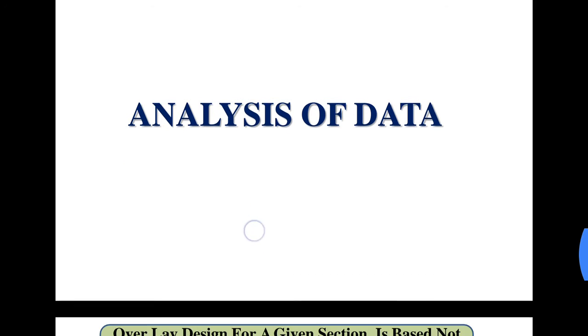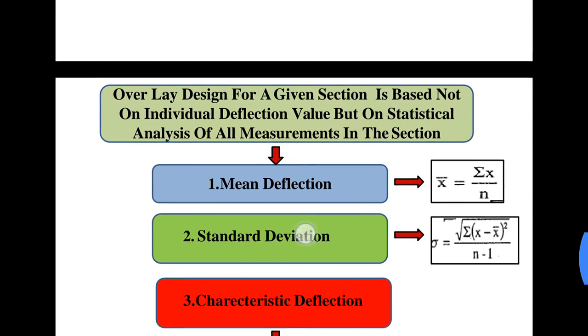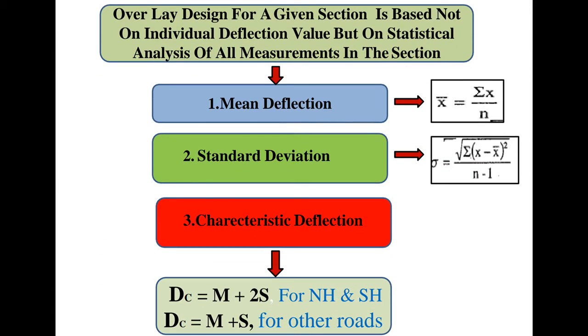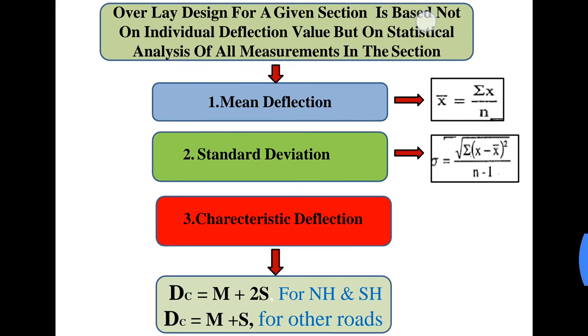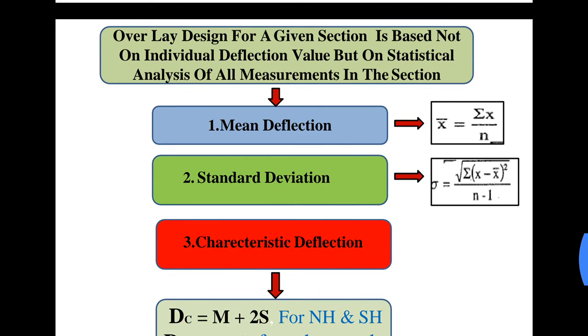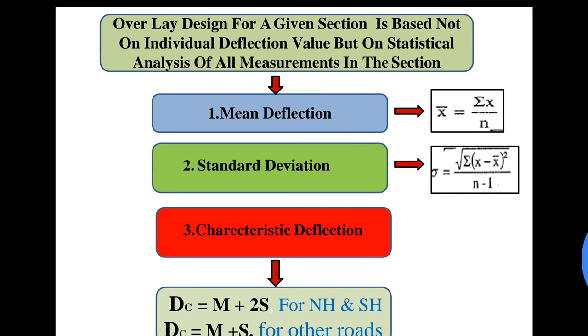Then the analysis of data. Once you have obtained this value D, the overlay design for a given section is based not on an individual deflection value, but on statistical analysis of all measurements in this section. It is not just one deflection value.